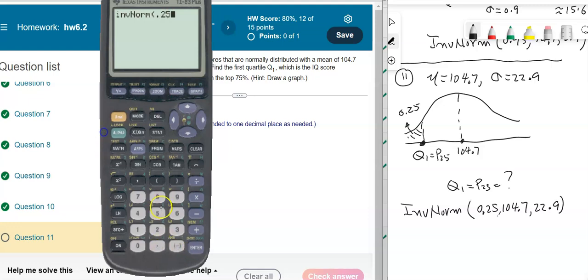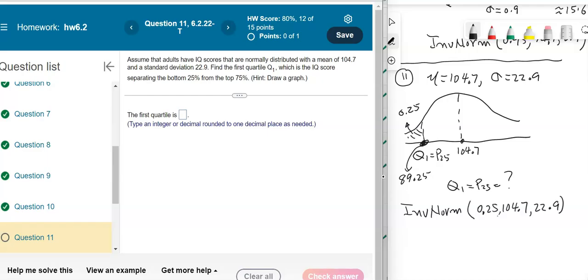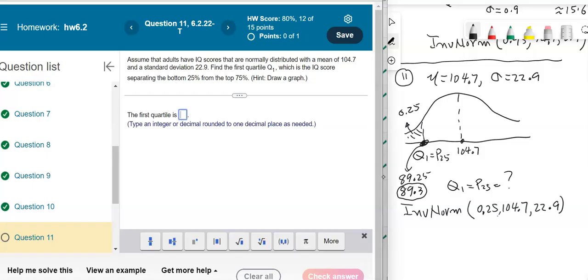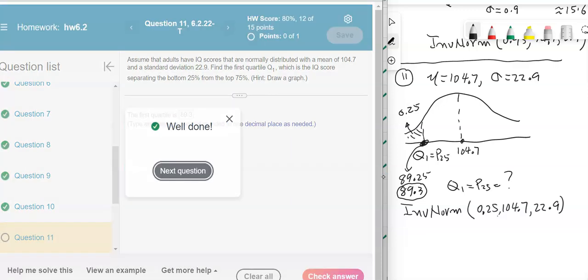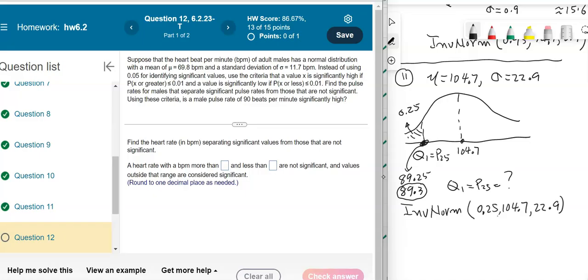Enter 0.25, 104.7, comma, 22.9. So you get 89.25. This point is 89.25. When you round to one decimal, it is 89.3.